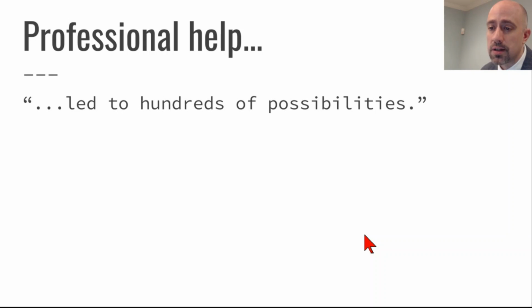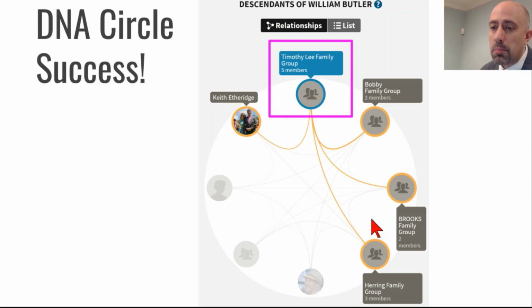She mentioned that her investigation led to hundreds of possibilities, and so we really didn't get very far there. The lesson is if I ever ask you for help, you should probably just run. It's going to be a tough one. But because of this new DNA circle, we really were able to break down this brick wall.